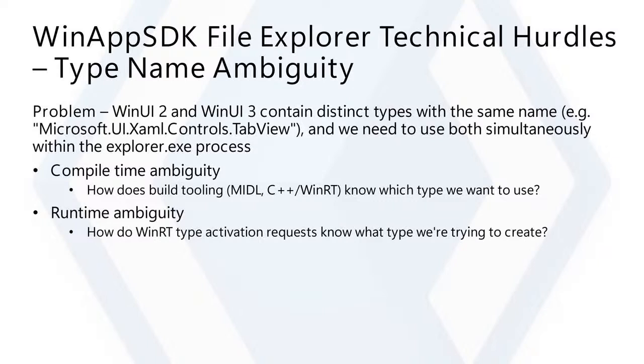For example, how does C++/WinRT know which headers to generate for which types? And at runtime, how does WinRT know which type to actually activate? If we ask for a TabView, what does that actually mean? So this first issue, compile time ambiguity, the way we solved it was to, next slide.